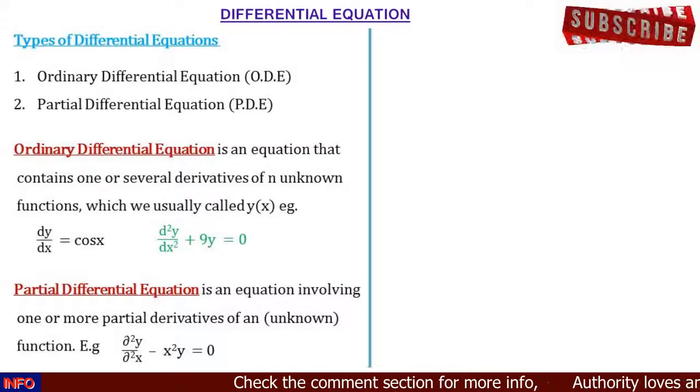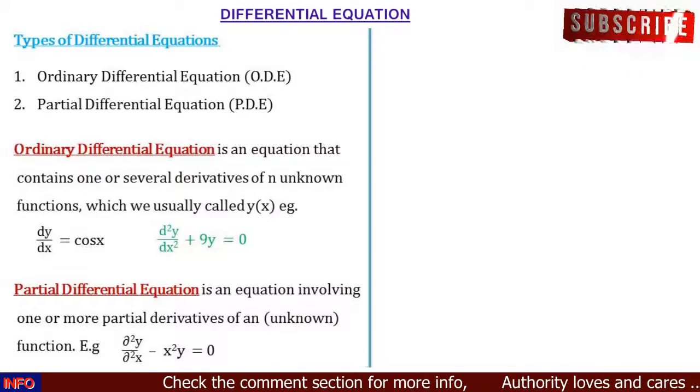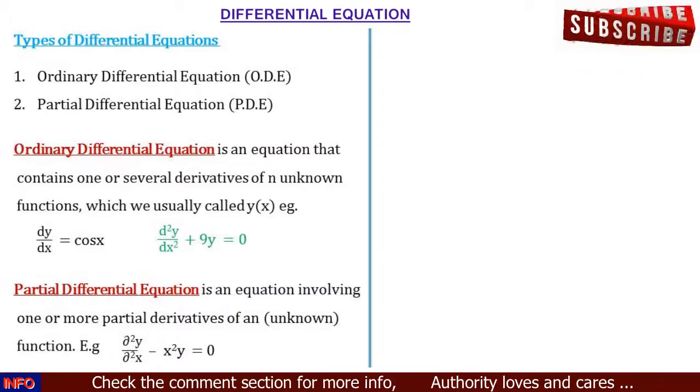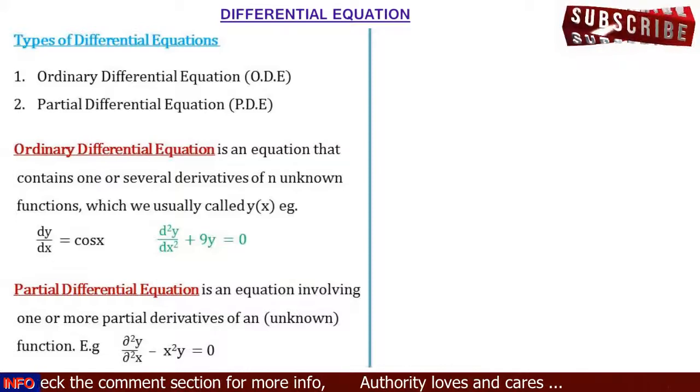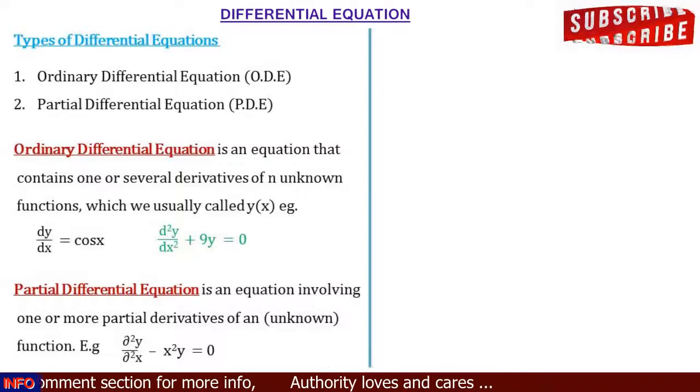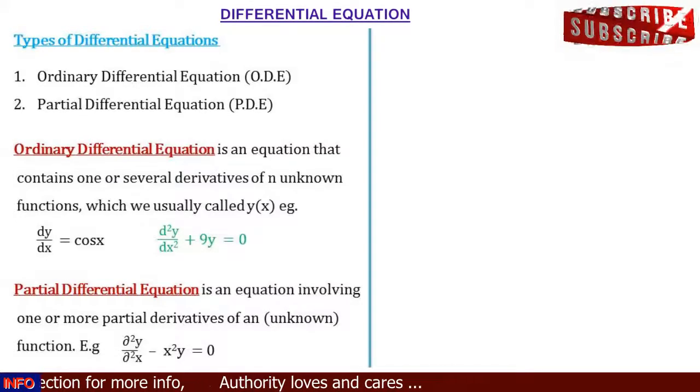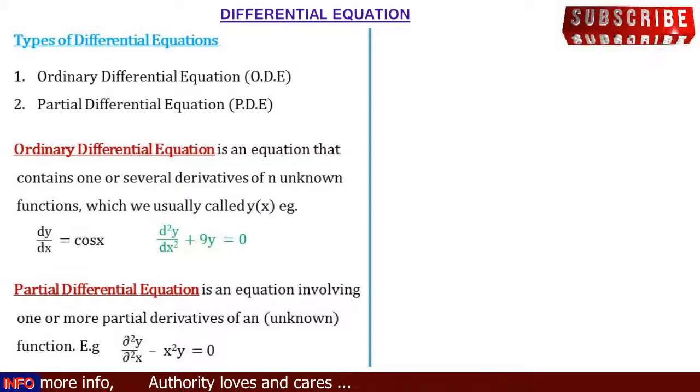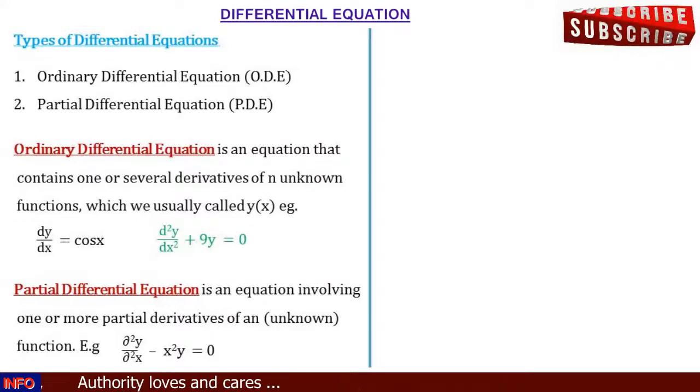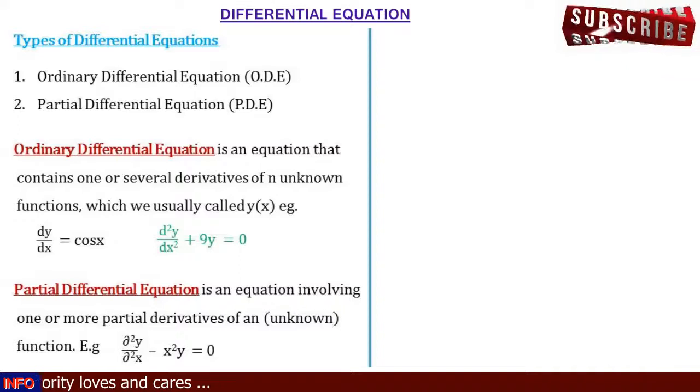When you have a differential equation and the differential coefficient is not a partial derivative, then you know that this is an ordinary differential equation. But when the differential coefficient is a partial derivative, we call it a partial differential equation.